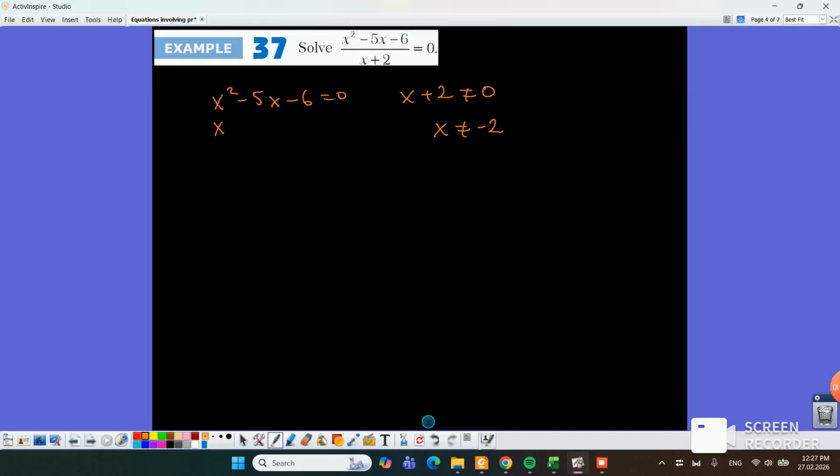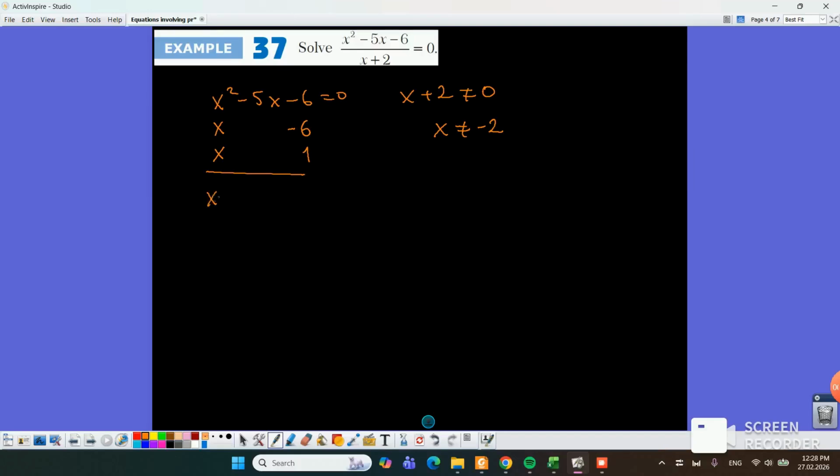Then I'm solving this part, x and x. Here I have minus 6, and in the middle term I have minus 5x. So because this is minus 6, I am factorizing it as 6 and 1, but minus 6 to have minus 5x in the middle term when you cross product.